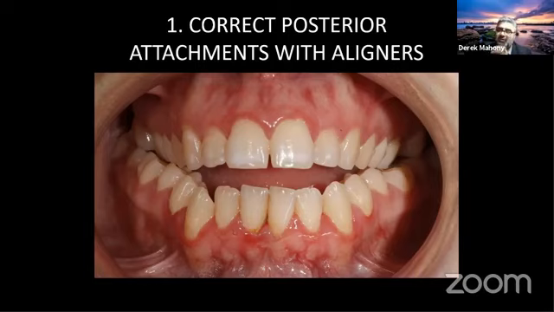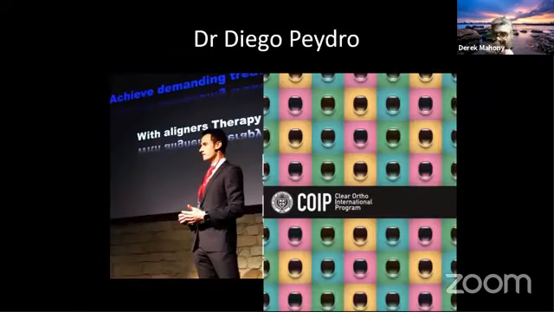And when I saw what these guys were doing, I thought, my God, this is really amazing. So let me share with you how we could do this case, believe it or not, non-surgically and also without braces. So that's Dr. Diego. He and Ivan do a fantastic program in clear aligners.